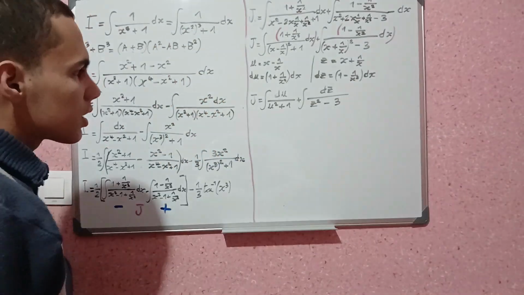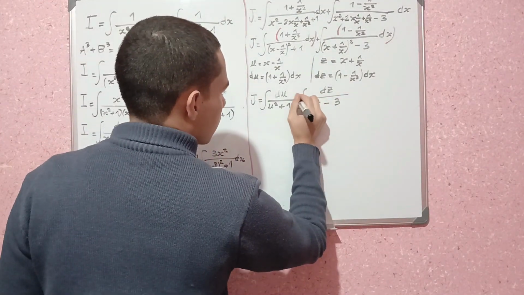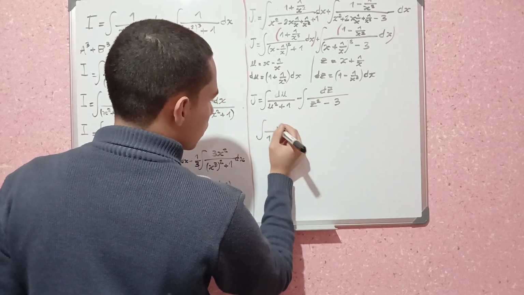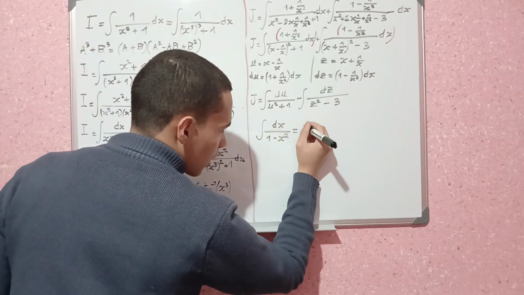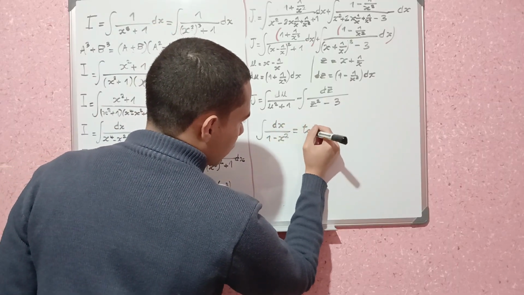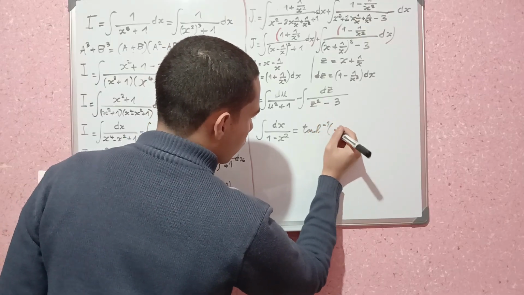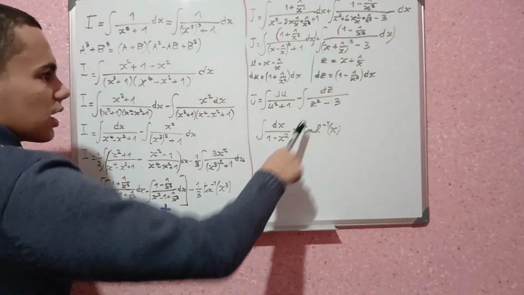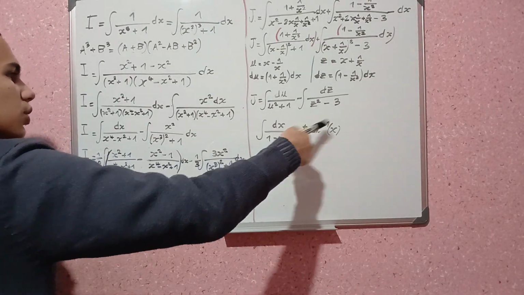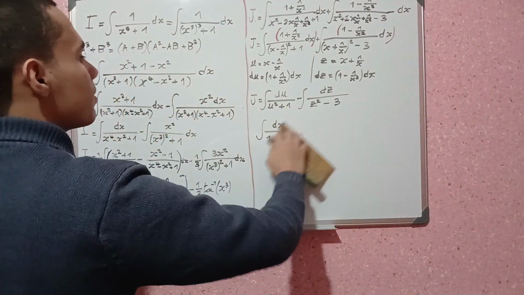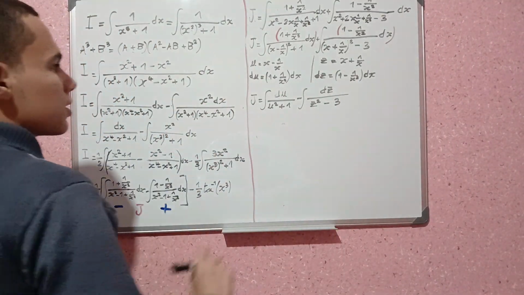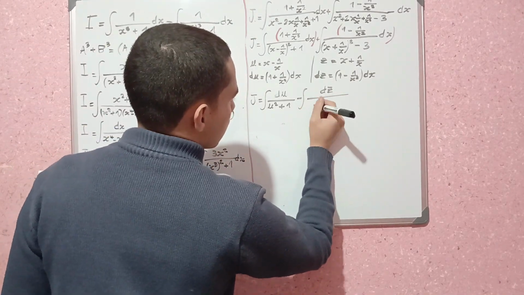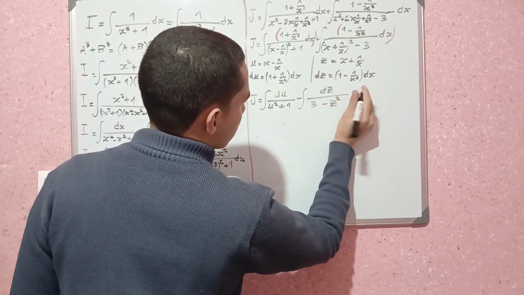And here I would like to flip the order, because we know that the integral of 1 over 1 minus x squared equals the inverse hyperbolic tangent of x. So we need 1 minus the constant minus x squared. Here we have x squared minus the constant. So to flip it, we multiply by minus, so we get 3 minus z squared, like that.